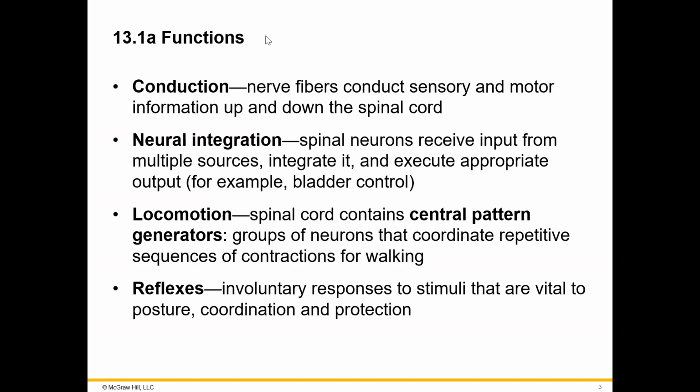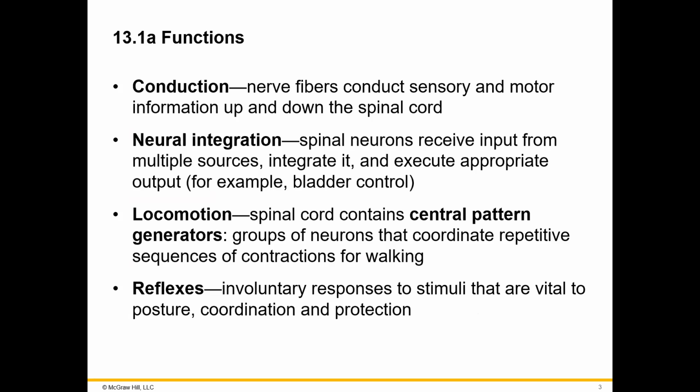So the job of the spinal cord is for conduction and for neural integration, for movement, and for the reflexes. There are nerve fibers that conduct sensory and motor information up and down the spinal cord.